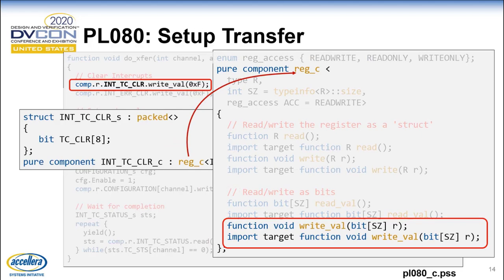The way that works is the base class, regC, is like a special base class in the sense that the implementation of it is supposed to be provided by, let's say, a PSS vendor tool implementation. So what the base class regC will have are essentially functions that can be invoked on the instance of a register. In this particular case, you can do a writeVal and give the entire value, in this case an 8-bit or some 32-bit value.